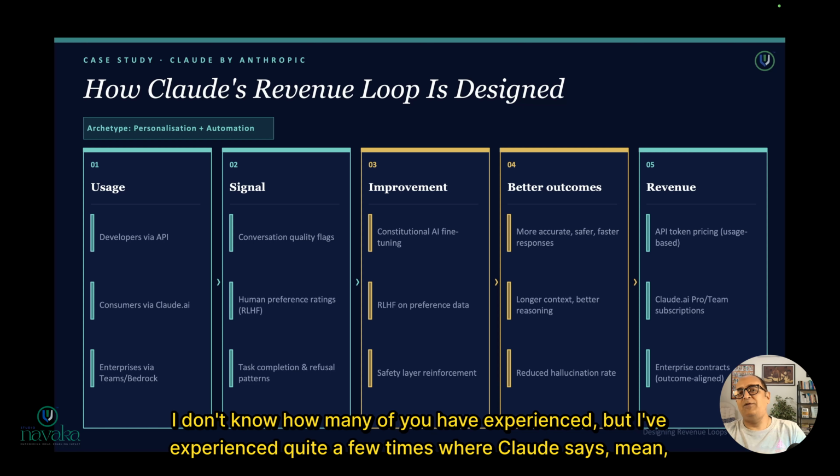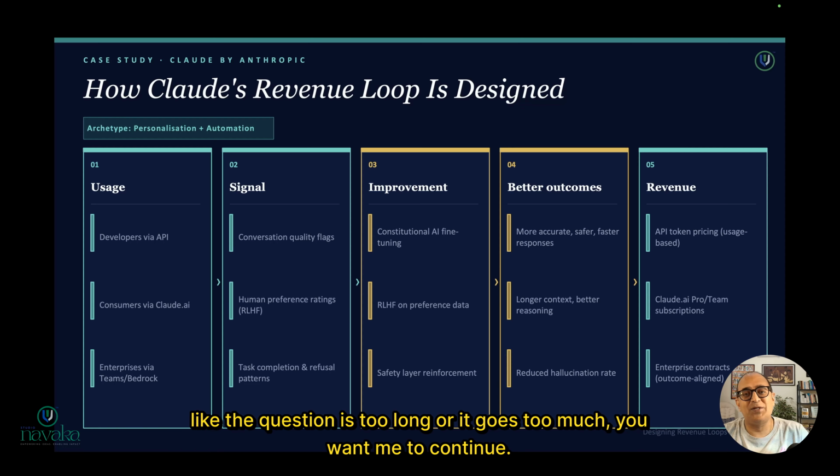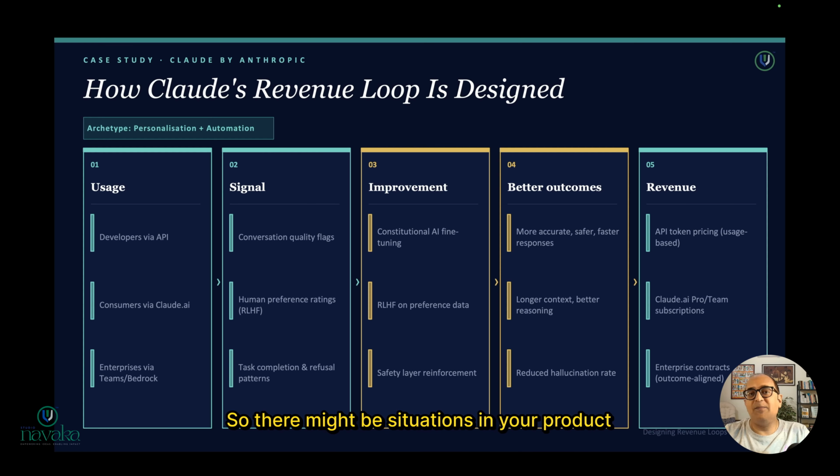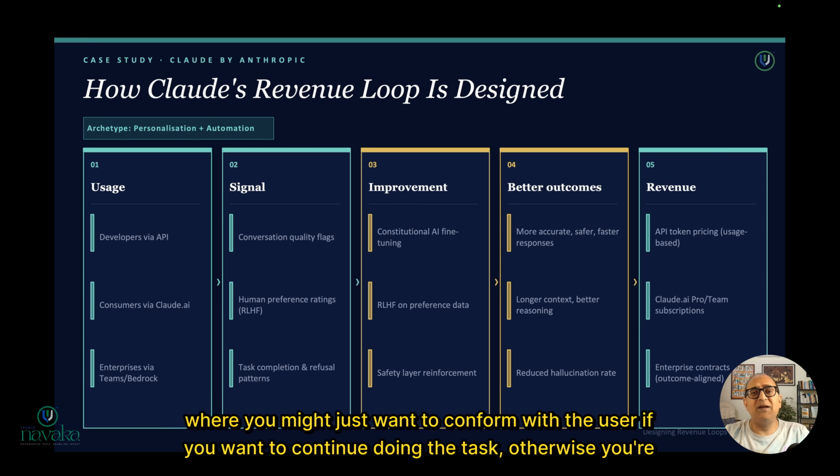I don't know how many of you have experienced it, but I've experienced quite a few times where Claude says the question is too long or it goes too much, do you want me to continue? And when you say continue, it continues to research and gives you the answer. So there might be situations in your product where you might want to confirm with the user if they want to continue doing the task.